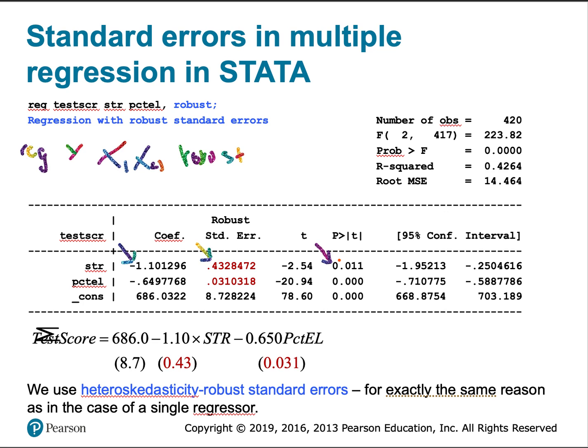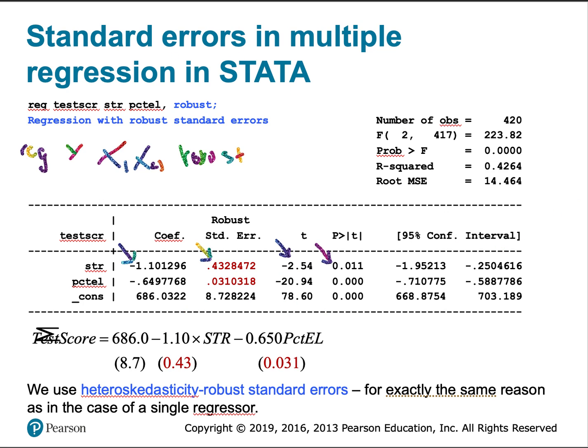So it is very unlikely that we draw another sample that gives us a t-statistic as large as this. That's what this p-value is telling us. So that's why we have a statistically significant coefficient, because this p-value of 0.01 is less than 0.05.